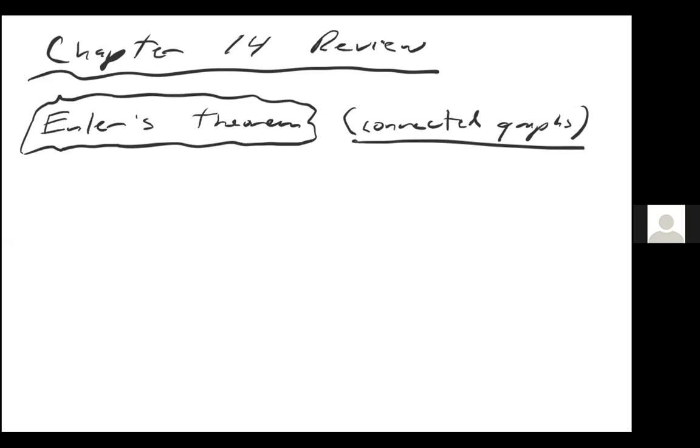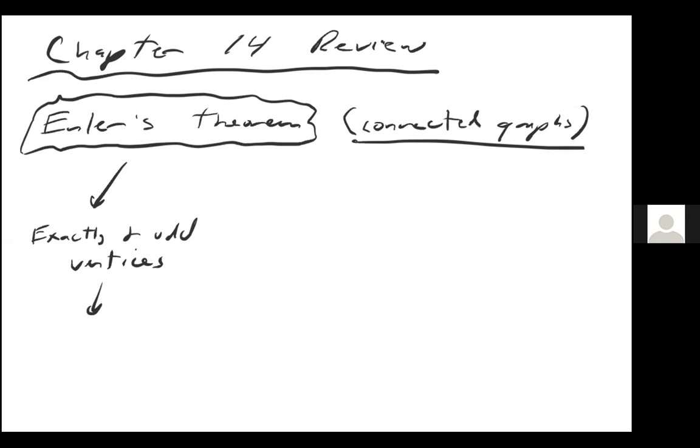Do you guys kind of remember how we do this? Euler's theorem says that if we have exactly two odd vertices, you guys remember what that means?